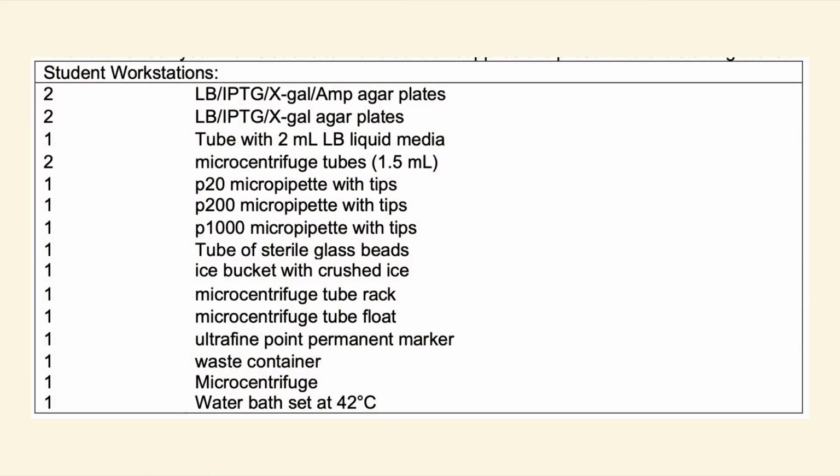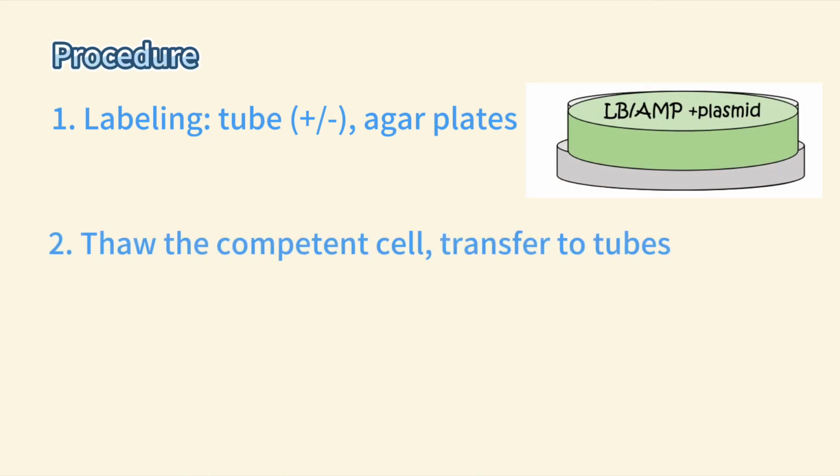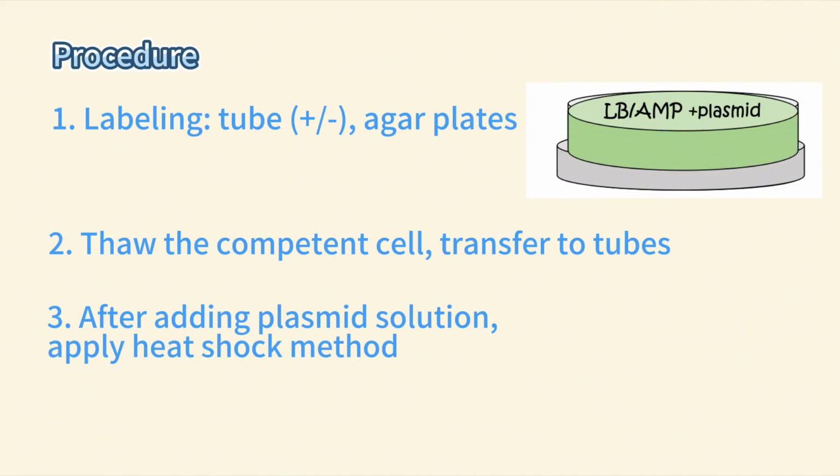This sheet lists all the materials required for this lab. Here is the procedure. Label 2 tubes and 4 agar plates. Second, after thawing the competent cell, transfer the cells to 2 tubes. Third, add plasmid solution to 1 tube and apply the heat shock method.